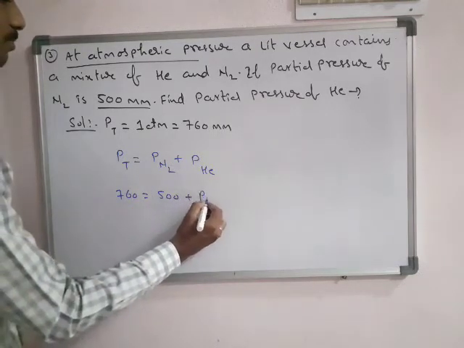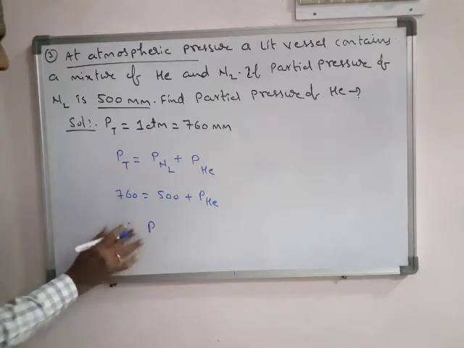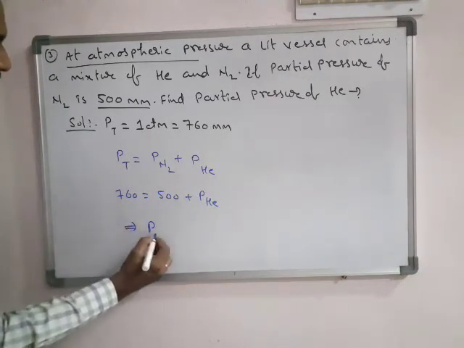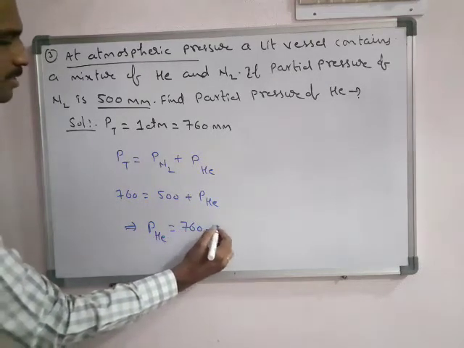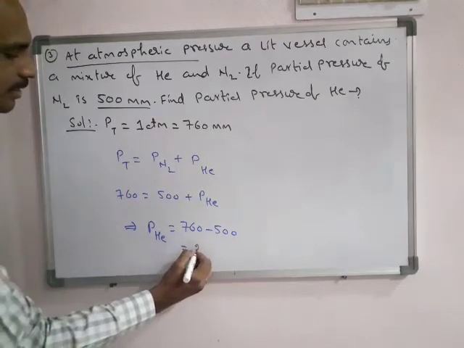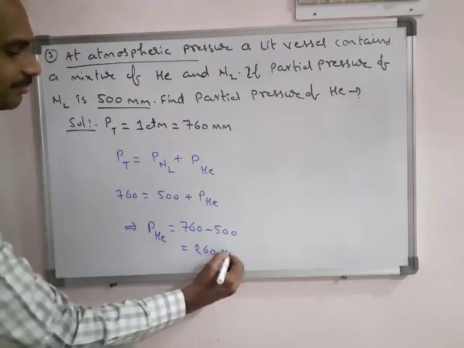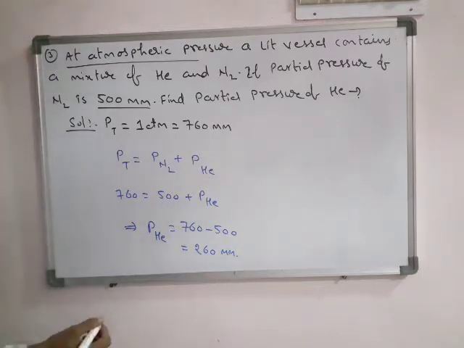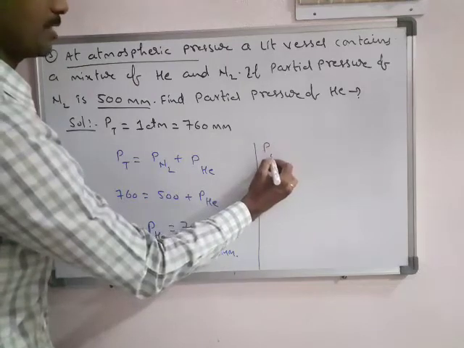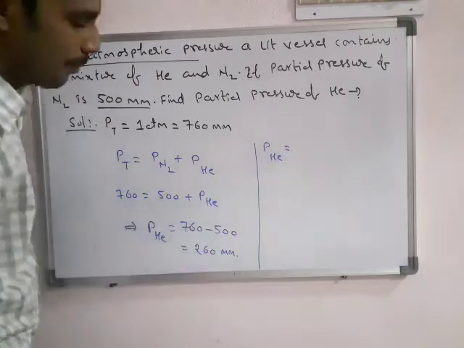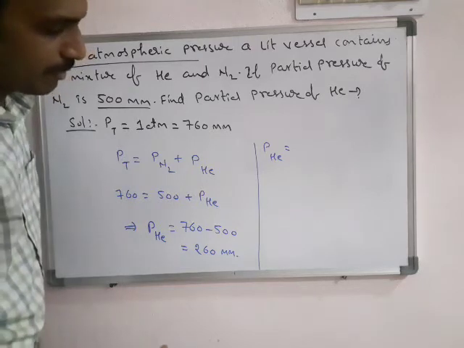So what about P helium? Therefore P helium is equal to 760 minus 500, that is 260 millimeter. Now convert it into atmosphere. There is no need here, but sometimes in multiple-choice questions the options will be in other units.